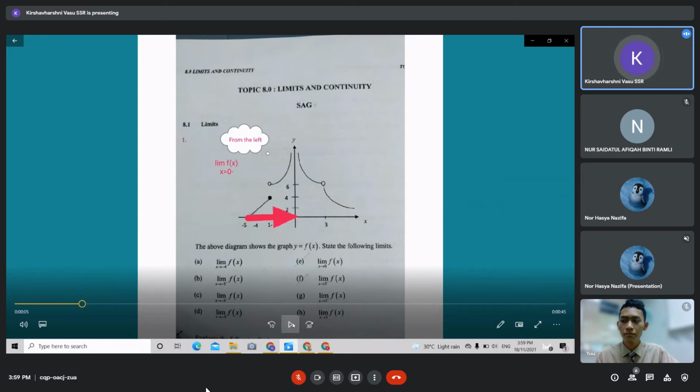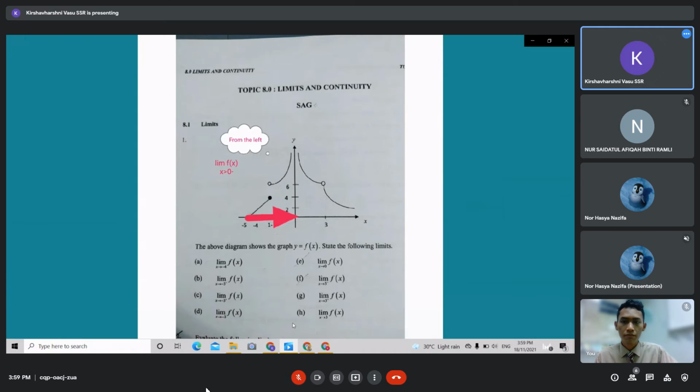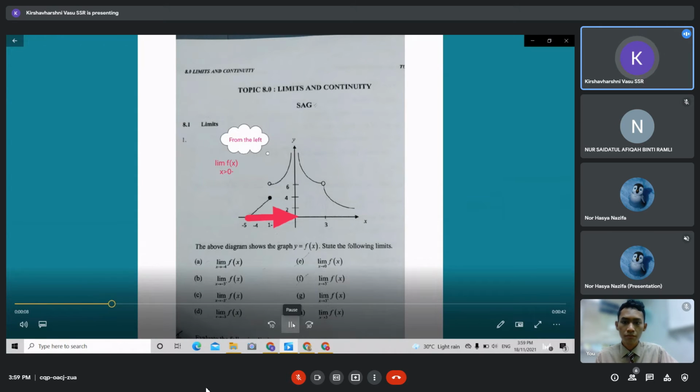It means x is approaching 0 from the left. So basically, negative means from the left. First, you need to know the limit for that f(x) function. When x approaches 0 from the left, it will reach the y-axis, which is positive infinity.